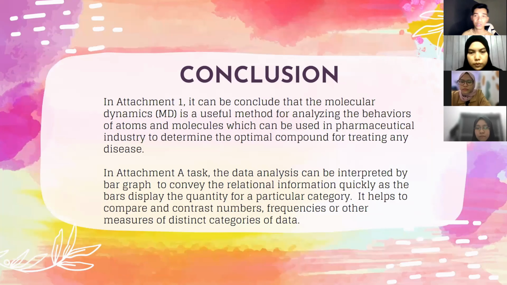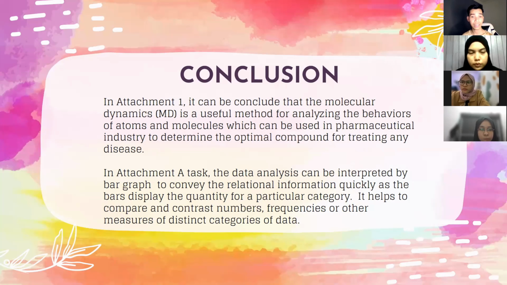For the conclusion of our assignments, we can conclude that in attachment 1, molecular dynamics is a useful method for analyzing the behaviors of atoms and molecules, which can be used in the pharmaceutical industry to determine the optimal compound for treating any disease.